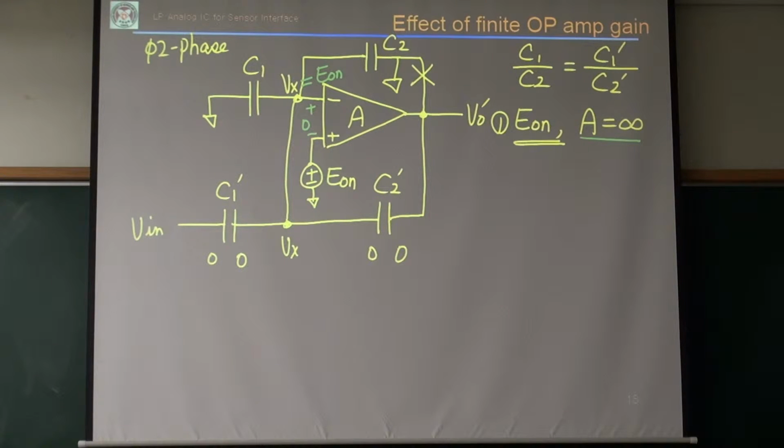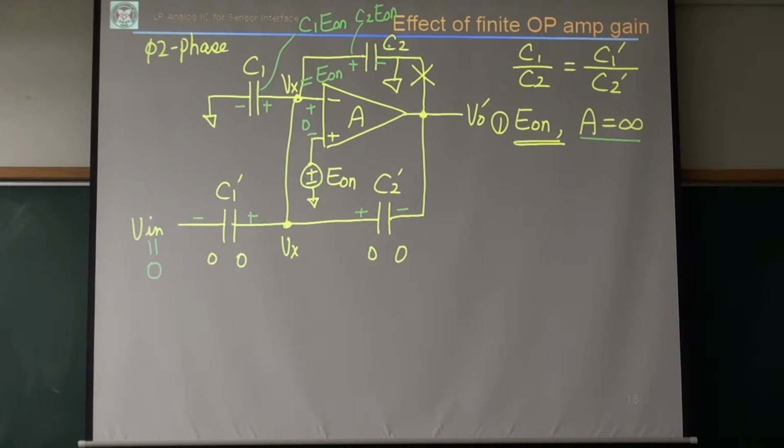So my C1, C2 and all those things will sample. I assume my input is 0. All those things will sample those input offset voltages. So my C1 will be charged to C1 Eon, and this will be charged to C2 Eon, something like that.